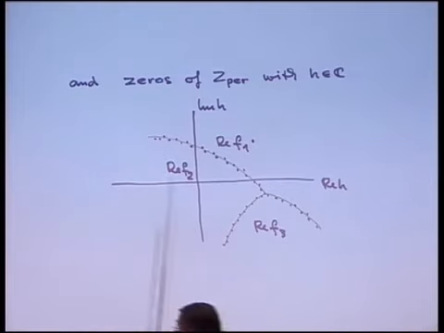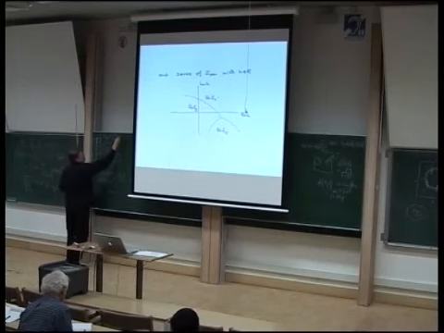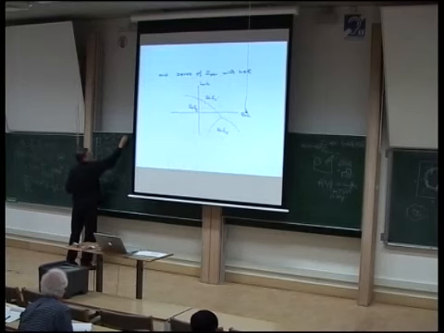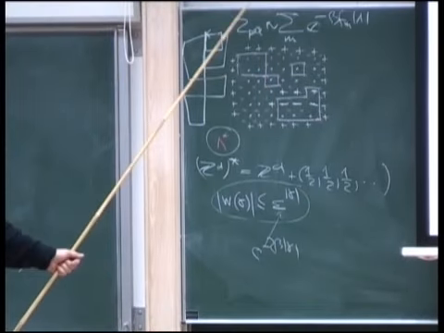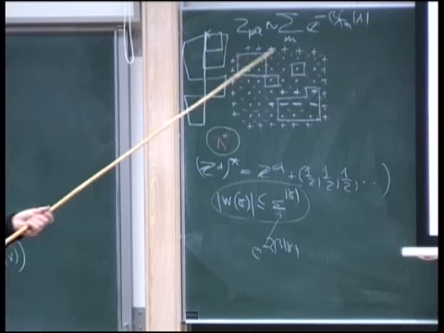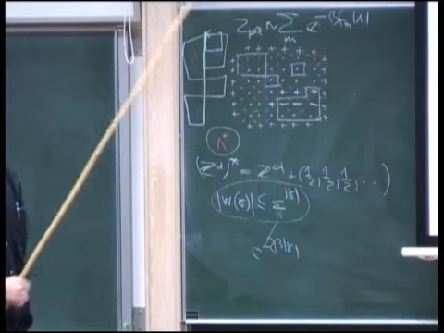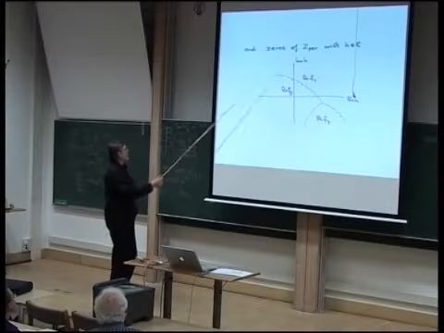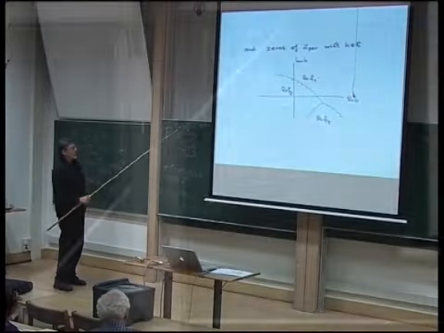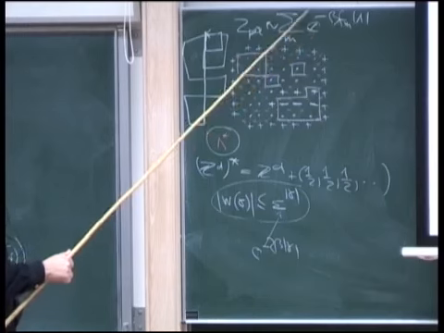If you have more phases, then your Z with periodic boundary condition equals the sum over m of e^(-β F_m times the volume). So it doesn't differ too much from this, okay? But now the F_m's can be complex functions because h is complex. But it's clear that zeros here can occur only when you have just a finite sum of a couple of terms.